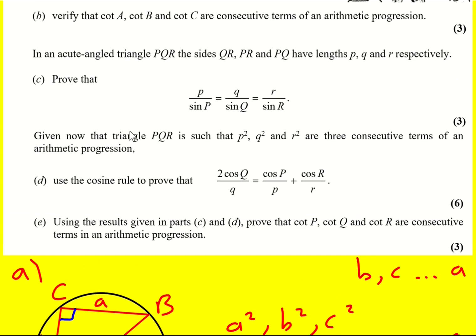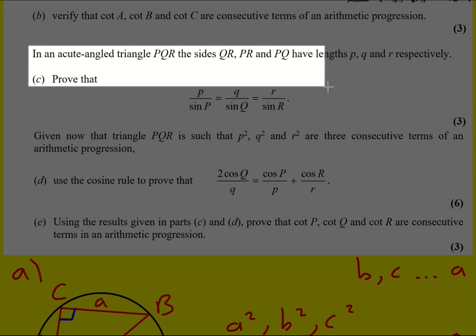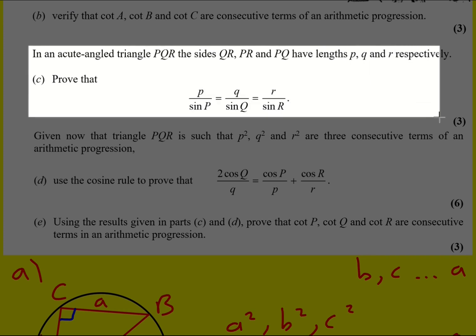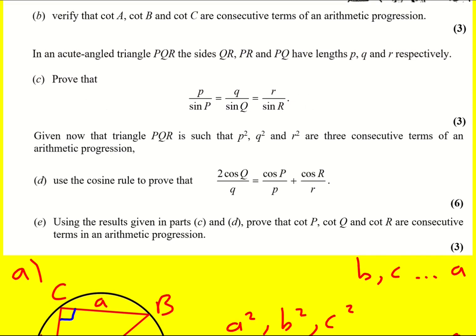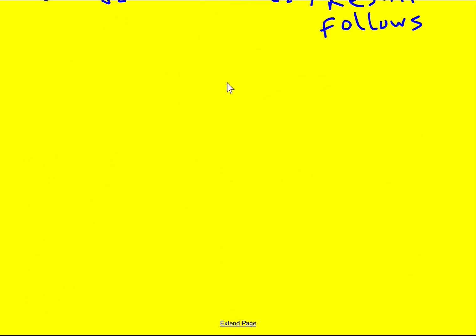Moving on to part c. We have a slightly different scenario now, an acute angled triangle. And essentially we're being asked to prove the cosine rule. Sorry, the sine rule.